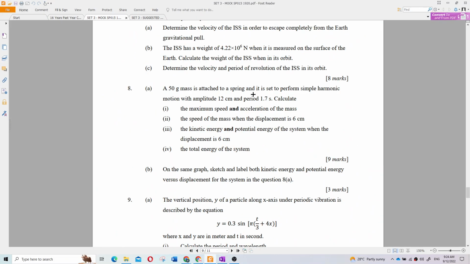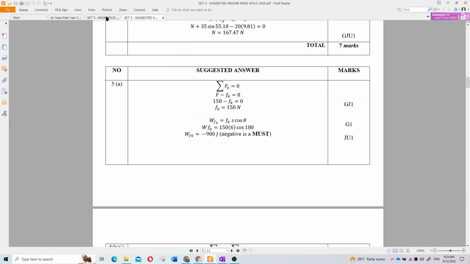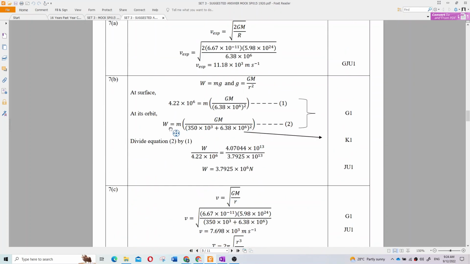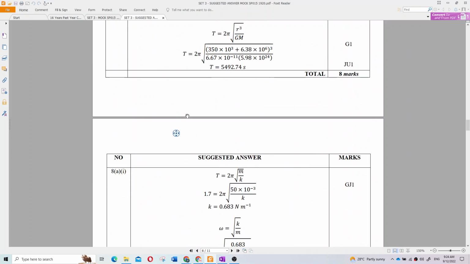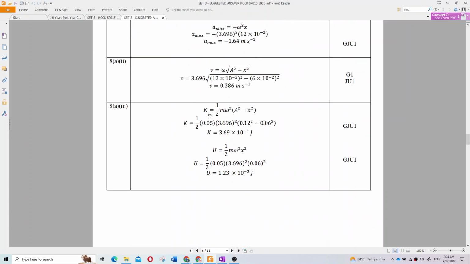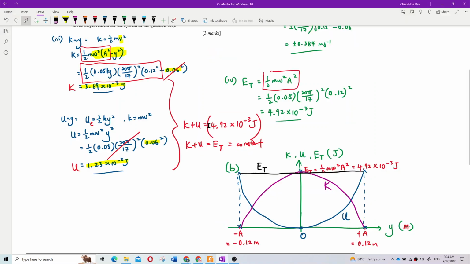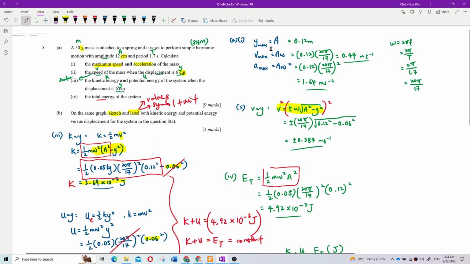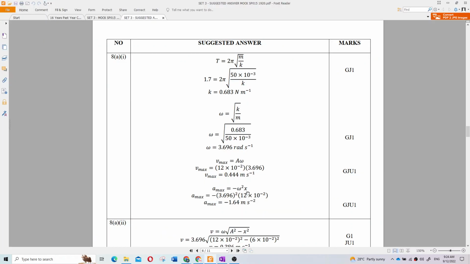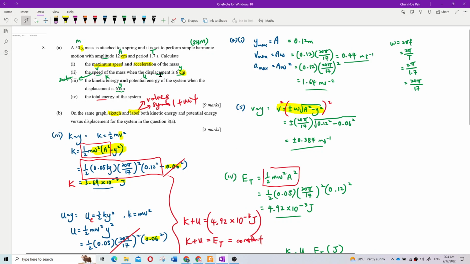So let's check the answer. Is it correct? Question 8. Let's check question 8. A1, maximum speed.